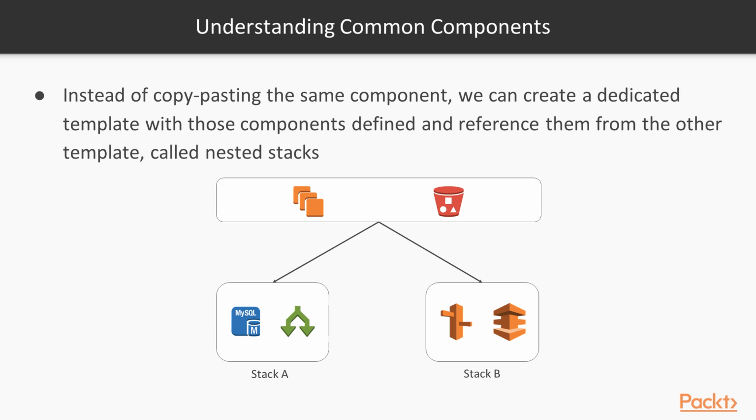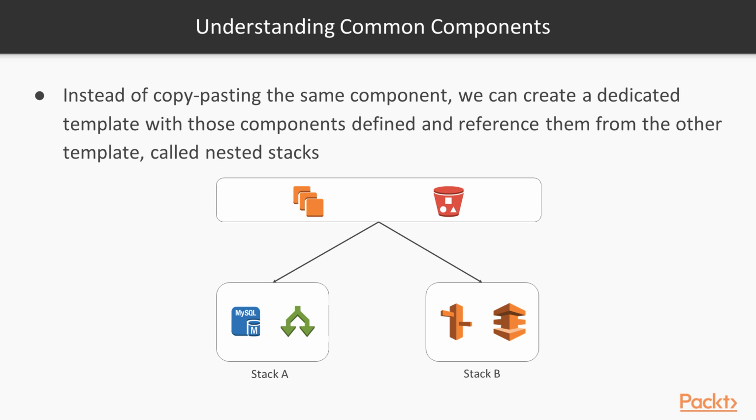We removed the S3 bucket component and we centralized it. And within Stack A and Stack B, we reference this central template. So now our stack, if you see, is much cleaner. And this is what nesting is all about.